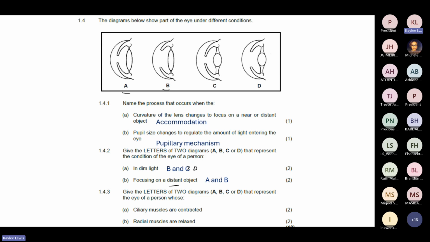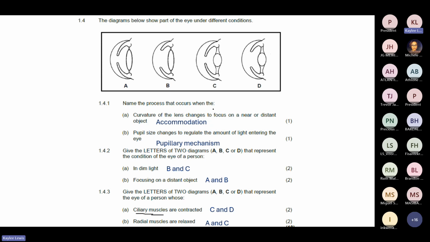Then it says, give the letters of two diagrams that represent the eye of a person whose ciliary muscles are contracted. So the ciliary muscles, that's going to happen in pupillary mechanism. And when they are contracted, sorry, I made another mistake here. When they are contracted, ciliary muscles is got to do with accommodation.